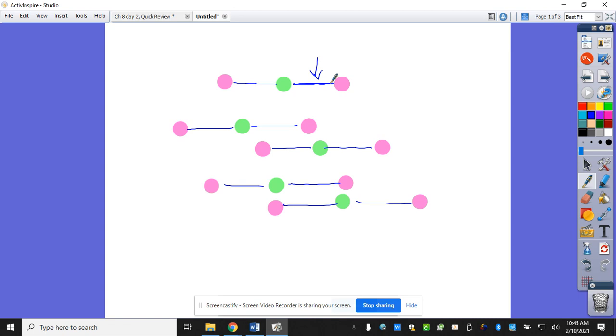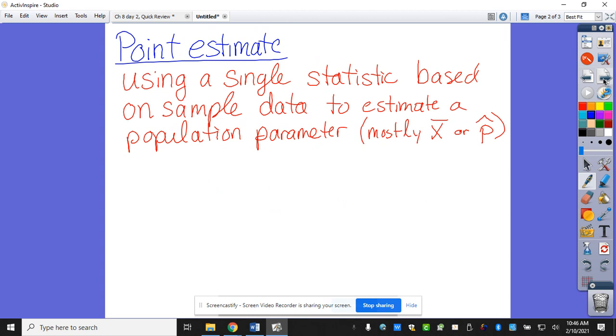What was the difference in this one with the 68% versus our 95%? So it's how many standard deviations? This was only one standard deviation away. 95 ended up being 2 standard deviations away.